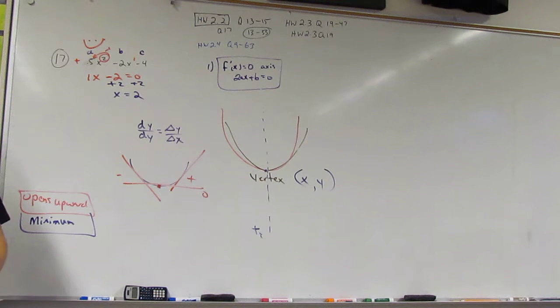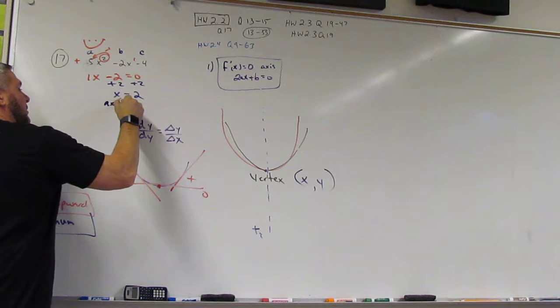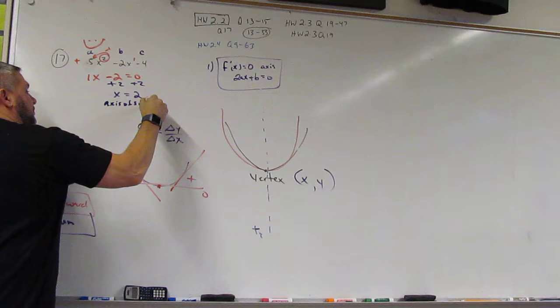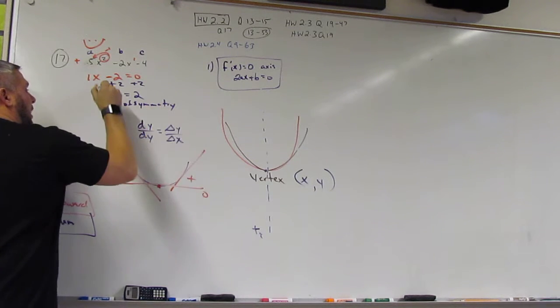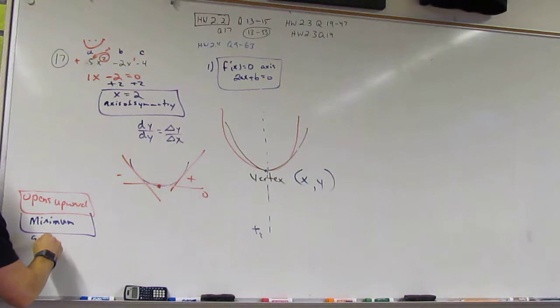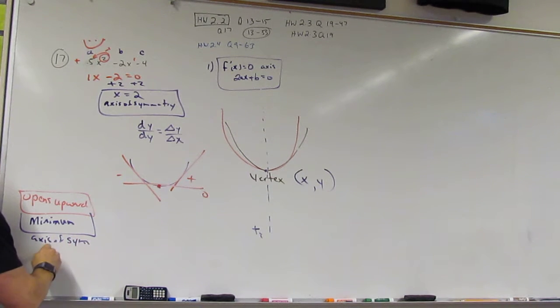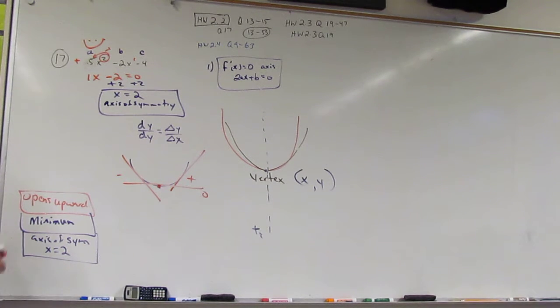That's all you're saying. When the slope is 0, x is 2. And that's the axis of symmetry. Okay? So the axis of symmetry is x equals 2. Alright.